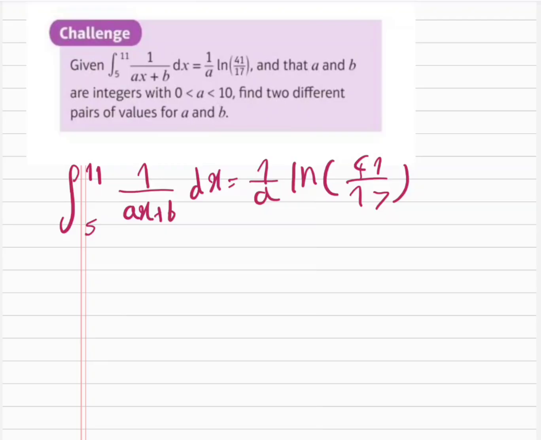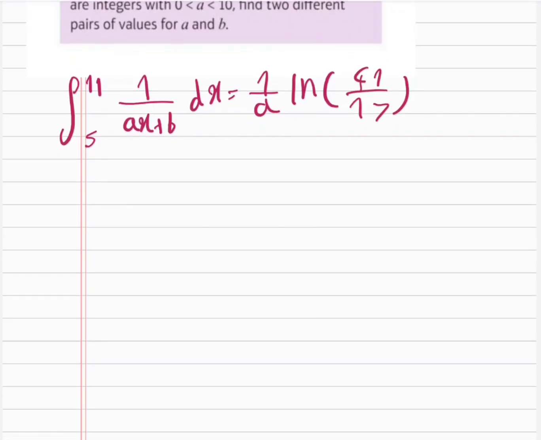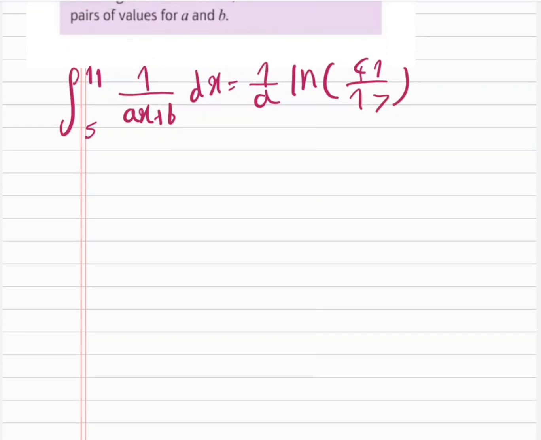First of all, we just need to integrate the left hand side. Again, the numerator looks like the derivative of the denominator, so we can always start with the ln of the denominator as our first guess. So let's say our educated guess is ln(ax + b).